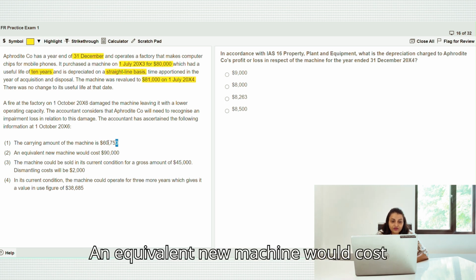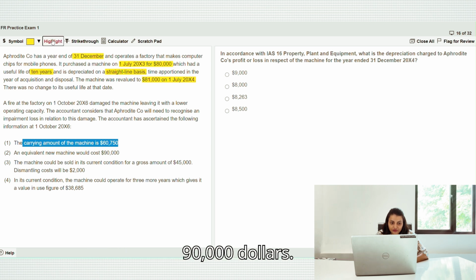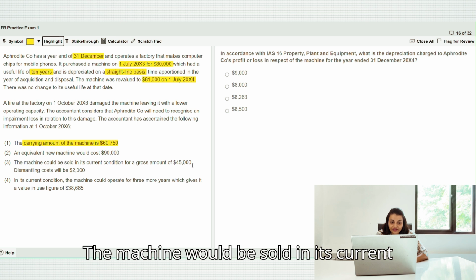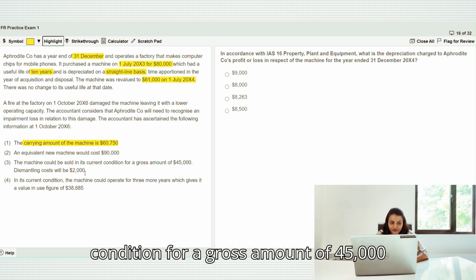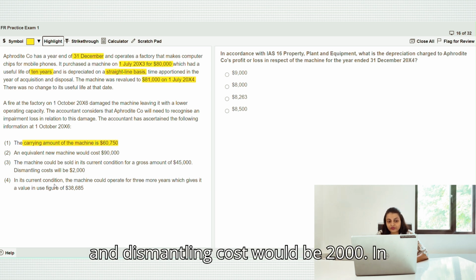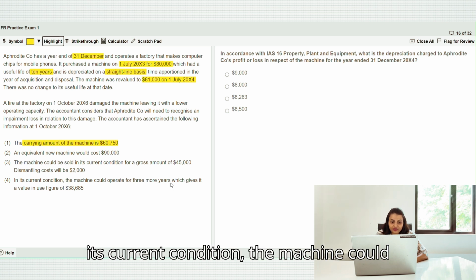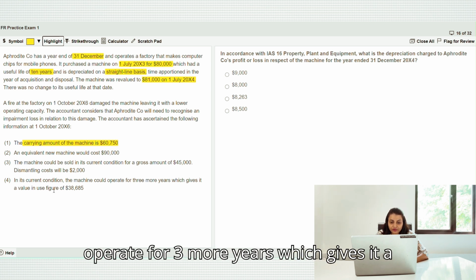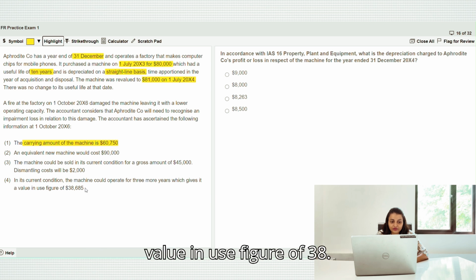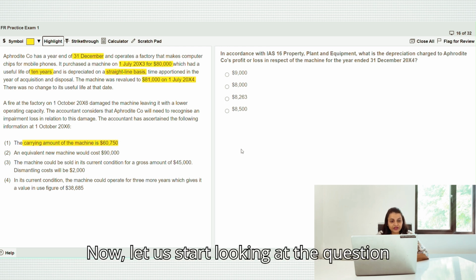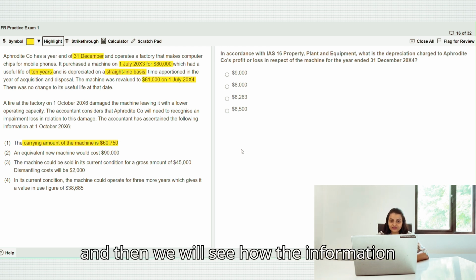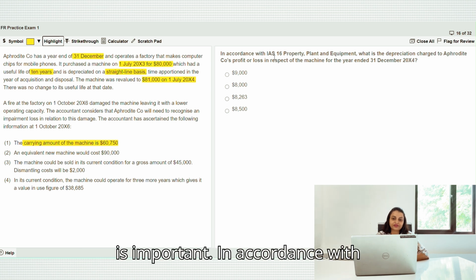An equivalent new machine would cost $90,000. The machine would be sold in its current condition for a gross amount of $45,000 and dismantling costs would be $2,000. In its current condition, the machine could operate for 3 more years, which gives it a value in use figure of $38,685. Now let's start looking at the question and then we will see how the information is important.